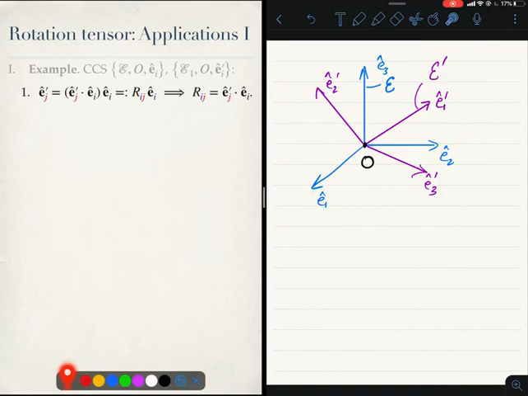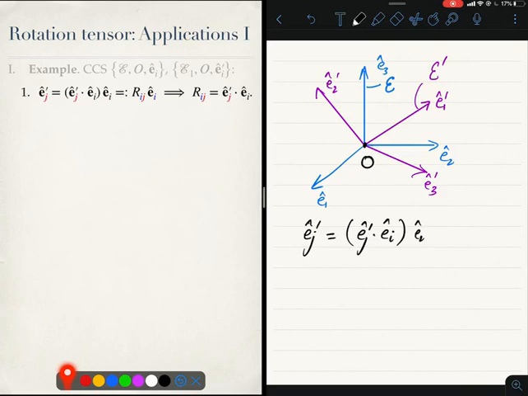What you would do is start off with any unit vector Ej prime and write it in terms of the unit vectors Ei by projecting it along Ei, and that's the standard equation for projecting any vector in terms of unit vectors of a coordinate system.